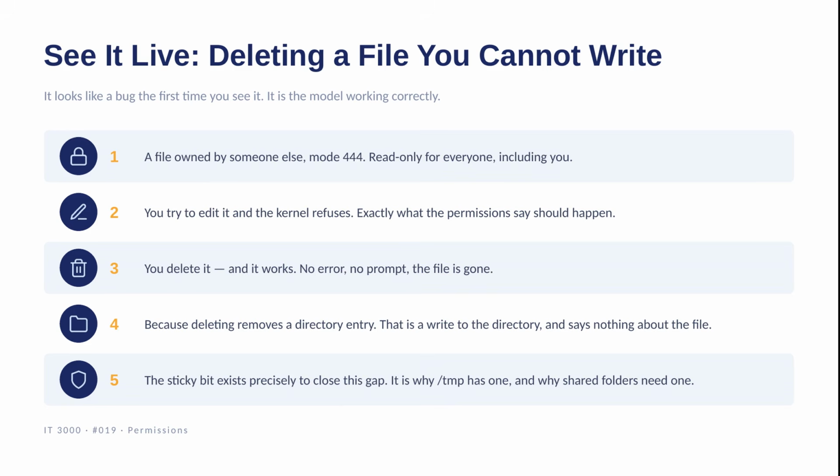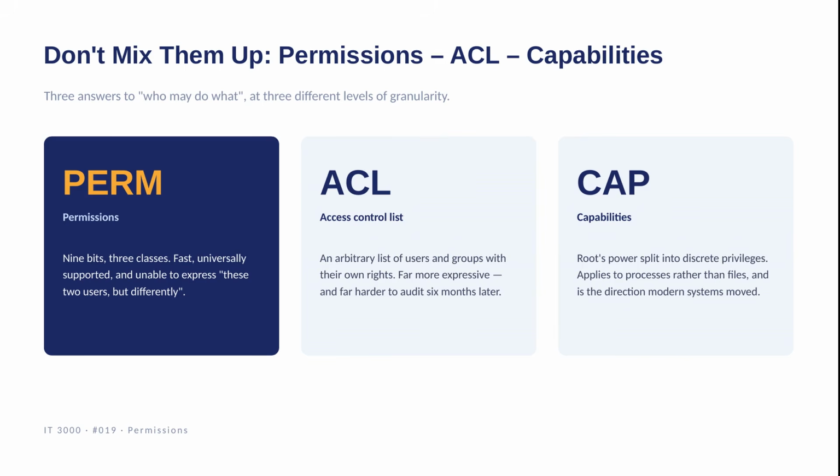The sticky bit was invented precisely to plug this gap, which is why /tmp carries one, and why any shared folder needs the same. It's worth pausing to untangle 3 terms that often get used interchangeably because they answer the same question at very different resolutions. Classic permissions give you 9 bits and 3 classes, fast, everywhere, but blind to individual exceptions.